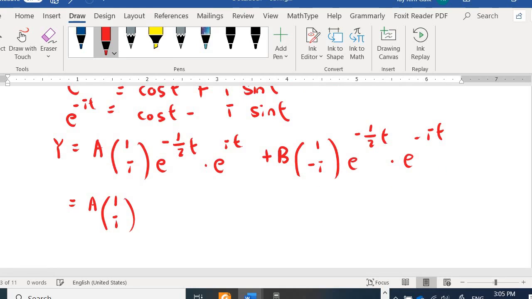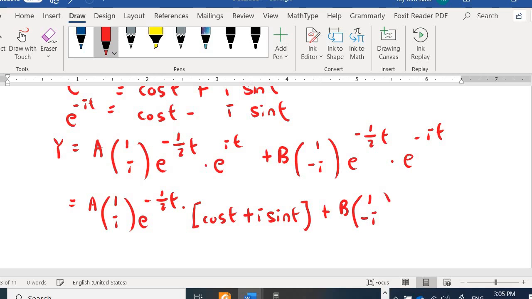Exponent it is cos t plus i sin t, and exponent negative it is cos t minus i sin t.